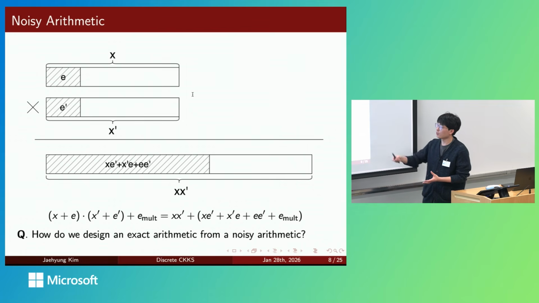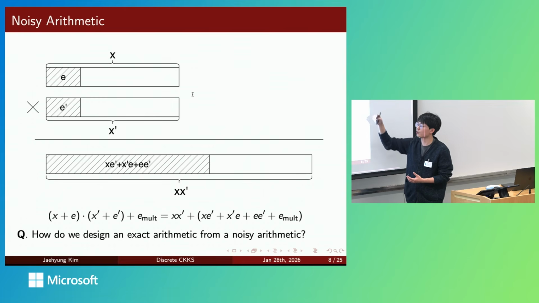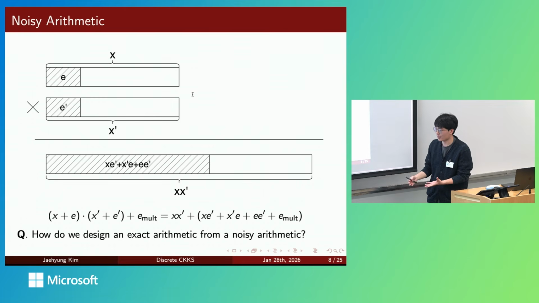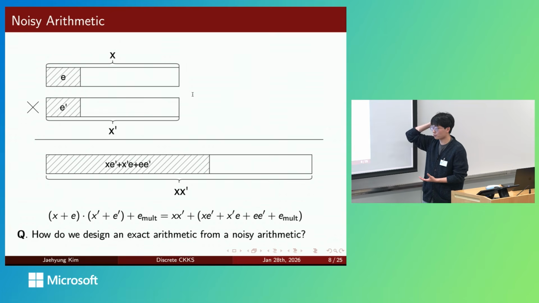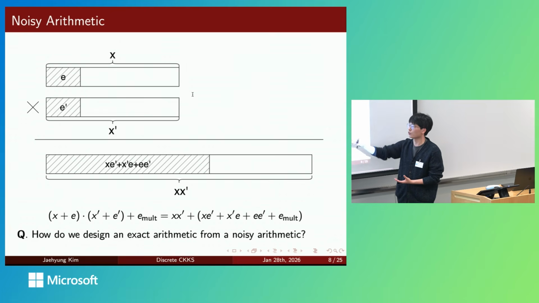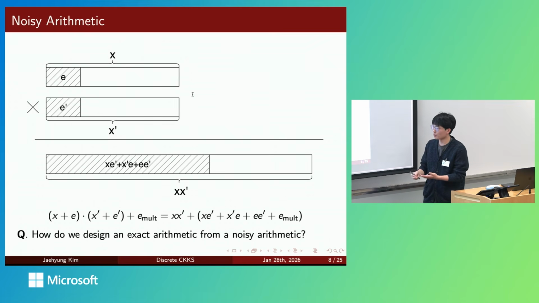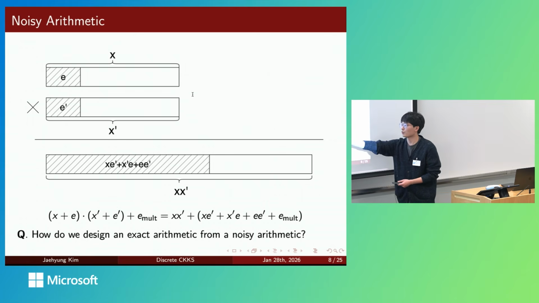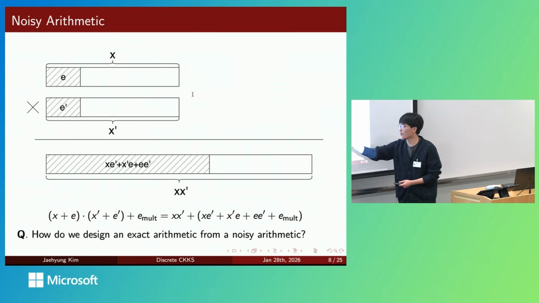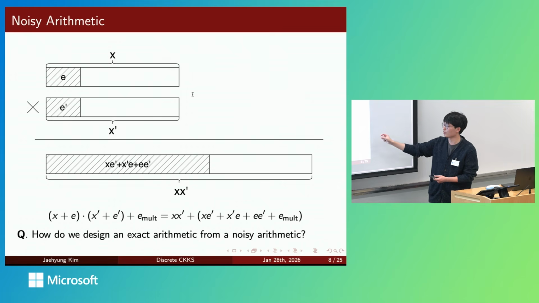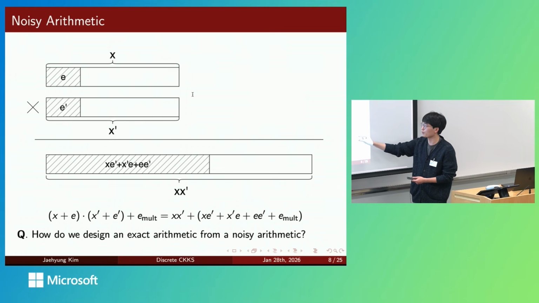So for instance, if you multiply these two integers, then what you would expect is the product of x and x prime, but you would get additional noise, x e prime plus x prime e plus e e prime, plus some more multiplication noise. So you can write the multiplication formula in this way, and group everything inside of x x prime, and you can see there's a huge error coming from here.